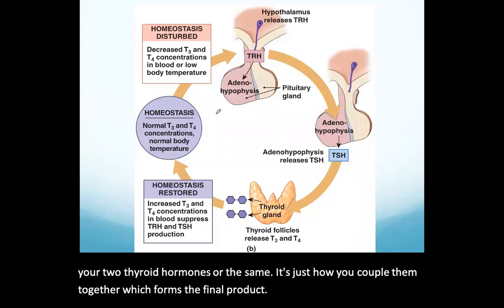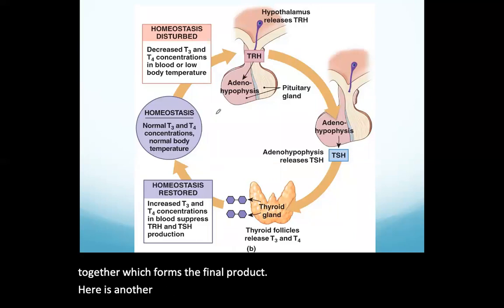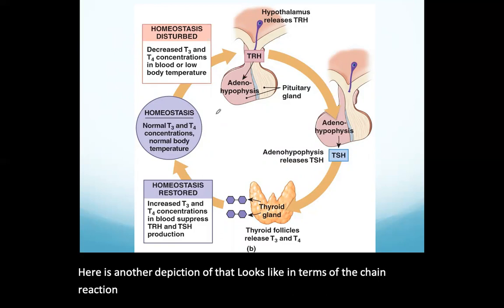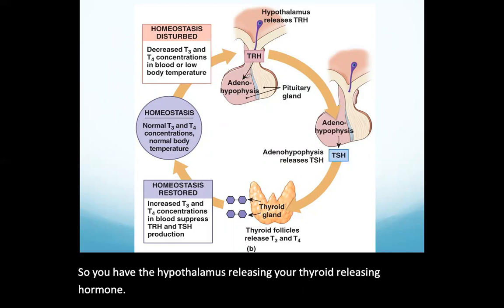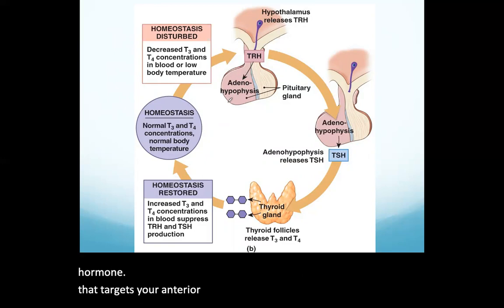Here is another depiction of the chain reaction you expect to see connecting the hypothalamus to your thyroid gland. You have the hypothalamus releasing thyroid releasing hormone that targets your anterior pituitary gland.